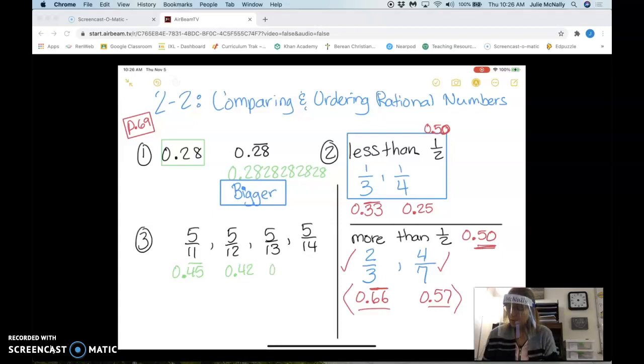I get 0.38. And 5 divided by 14, I get 0.36. So look at all those numbers of decimals that we just made. Are they going from biggest to smallest or smallest to biggest?